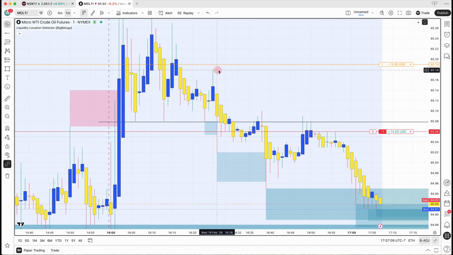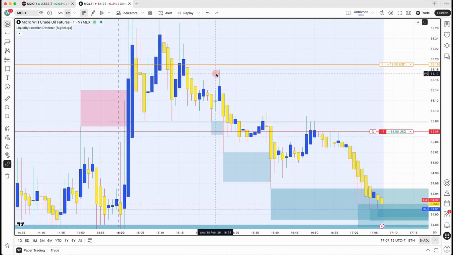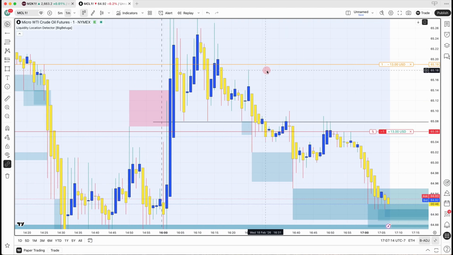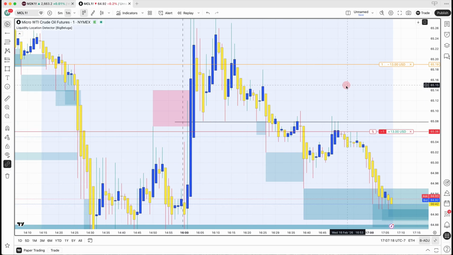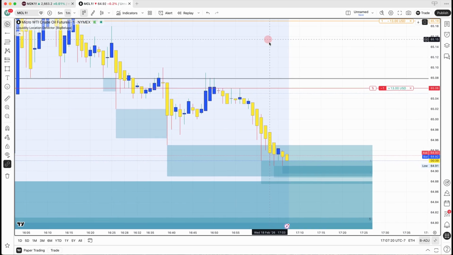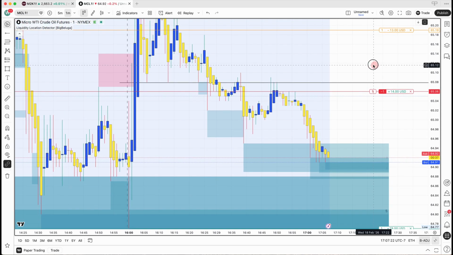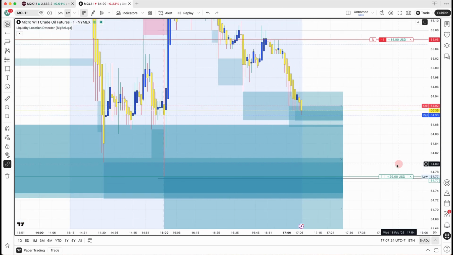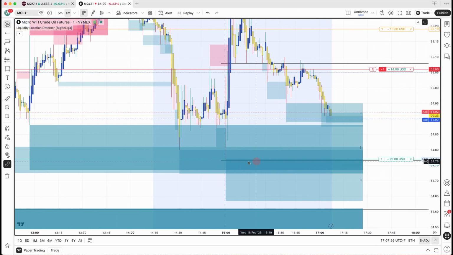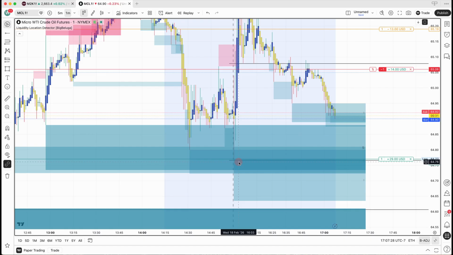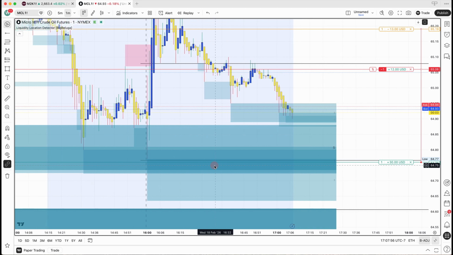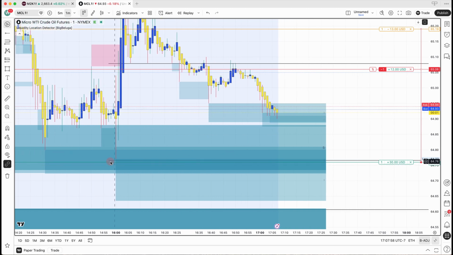If it was going to go back up to anywhere, it would at least go back up to there. So that's where I put my stop loss. And I put my take profit down here at the bottom of the market, where the market said that's the low point. So that was the bottom of the market for the Asian session. So that's where I put my target.